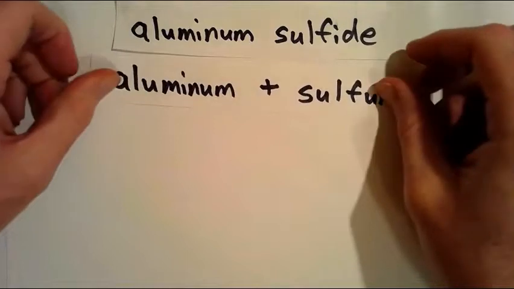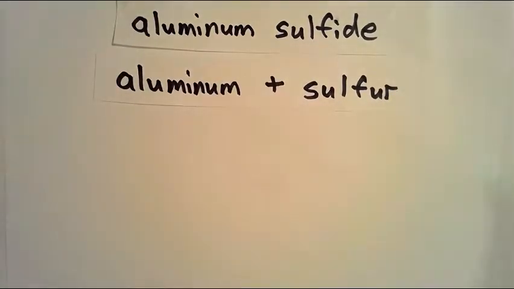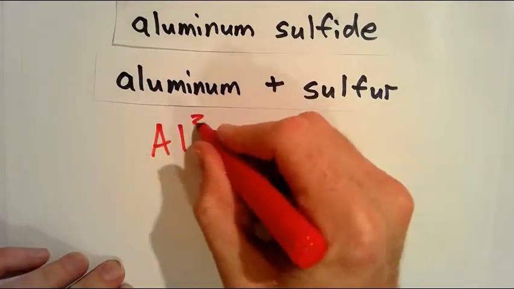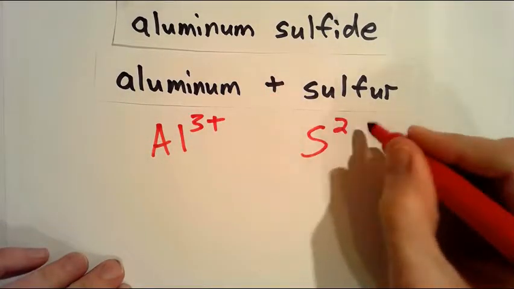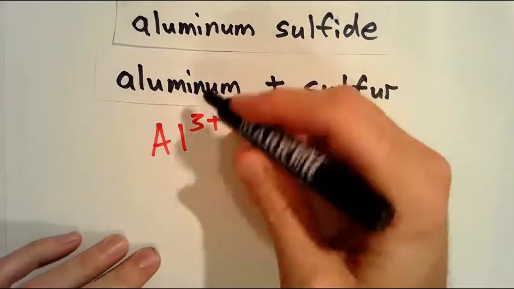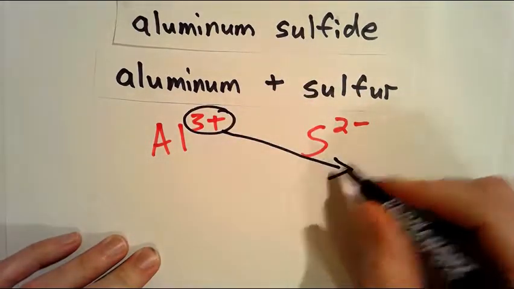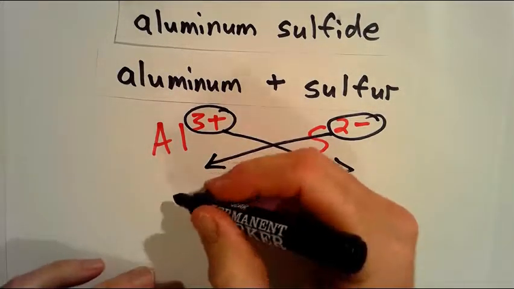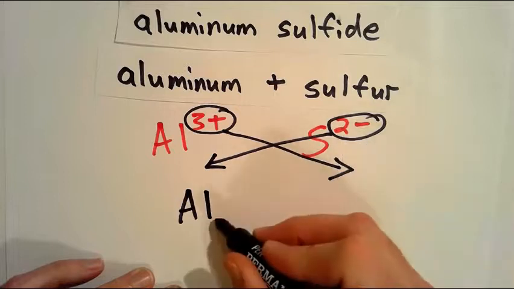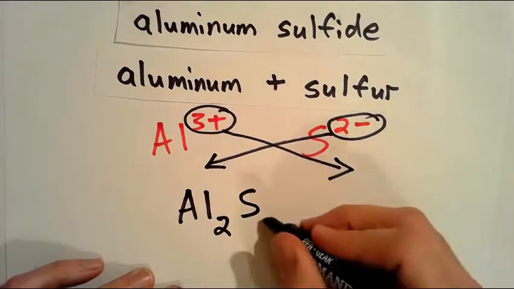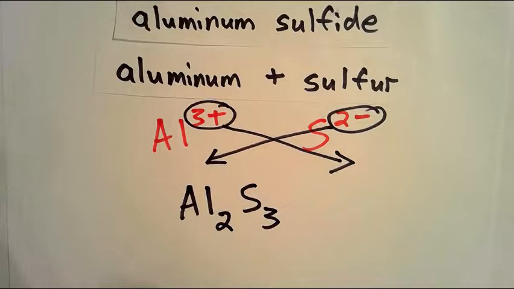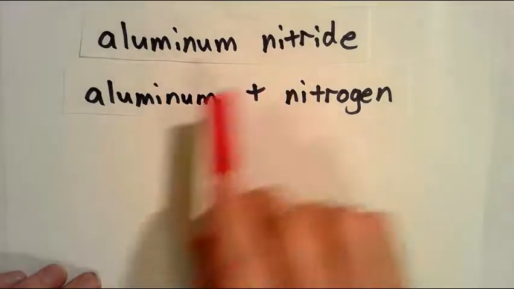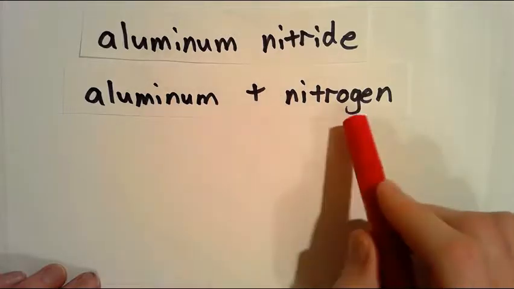Aluminum sulfide is just aluminum plus sulfur. Aluminum nitride is aluminum plus nitrogen.